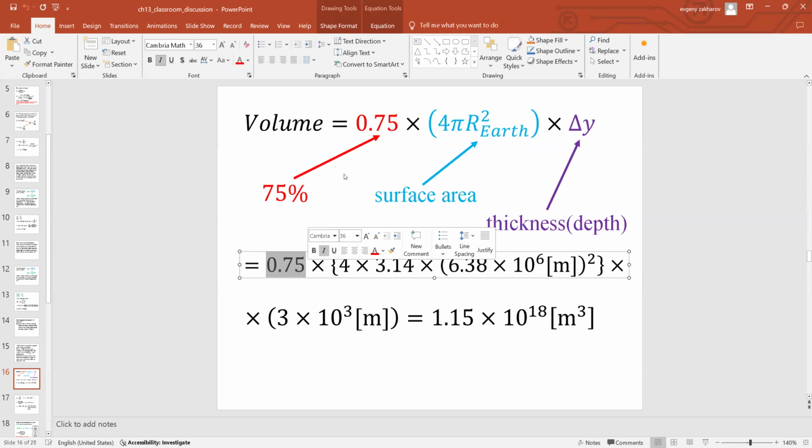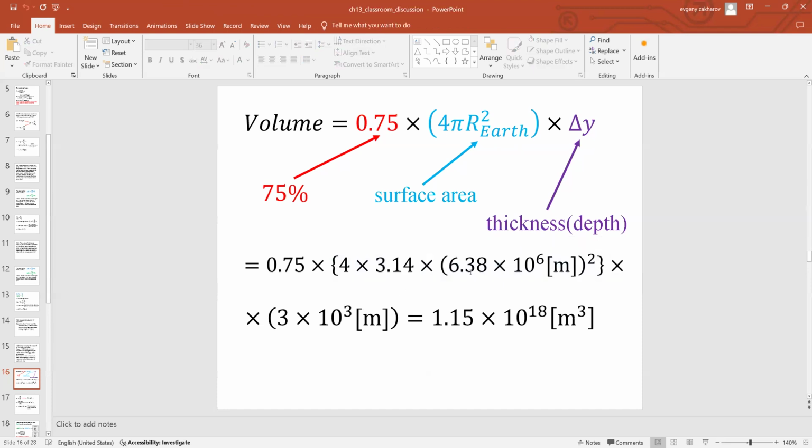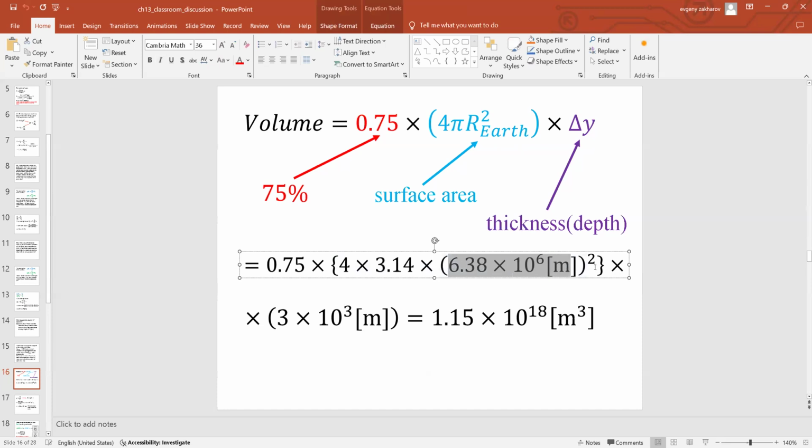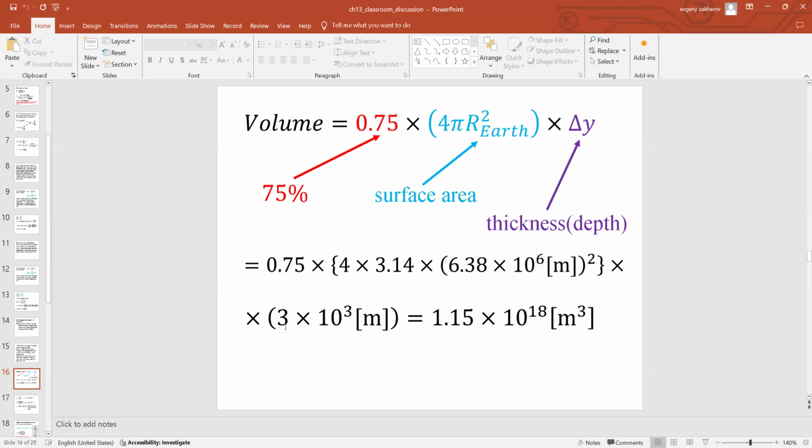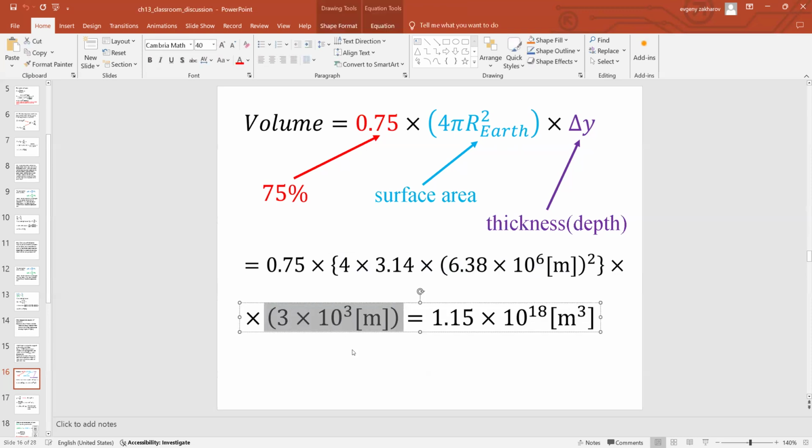So 75% for, and then you have the pi, the ratio between the circumference and the diameter. And the radius of Earth goes squared. That's quite a number. But it's even a greater number if you multiply it by 3 kilometers. Kilo means you multiply by 1,000, so it's 10 to the power of 3.